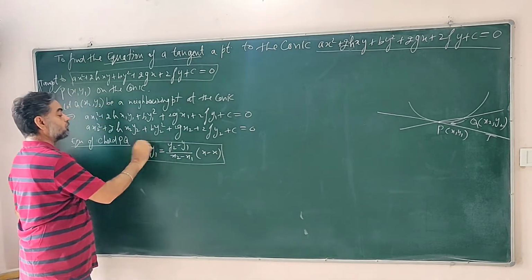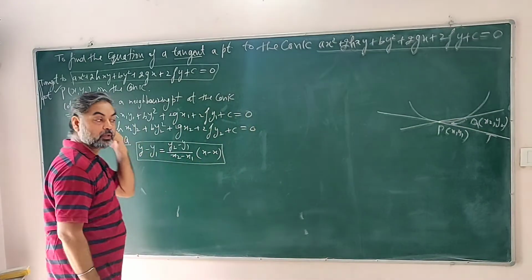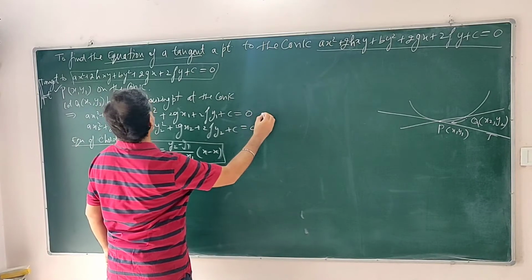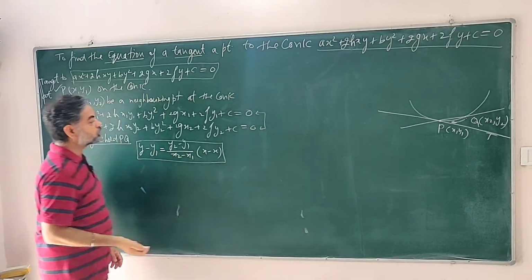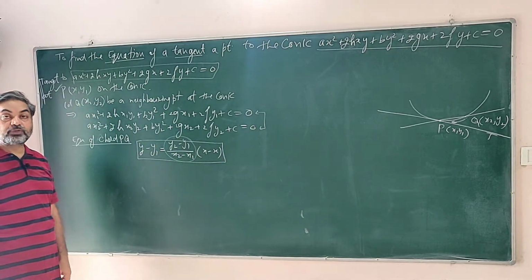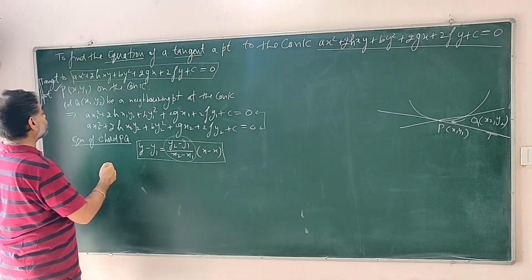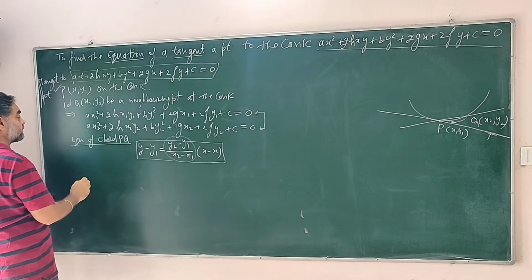This is the equation of this chord, the chord PQ. So from these two equations, we will try to find out this y2 minus y1 over x2 minus x1. So what we do is we subtract the first equation from the second equation.